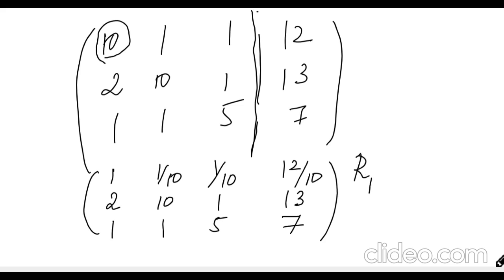I have divided row 1 by 10, so I have mentioned the row operations here. Then the aim is to make the elements below the first diagonal element 0.